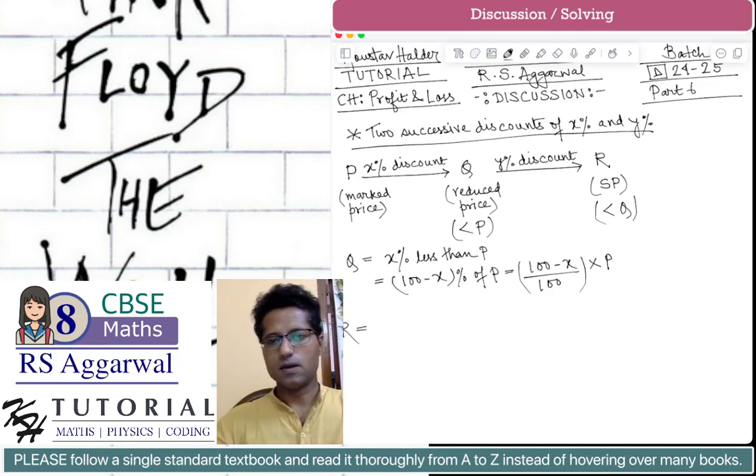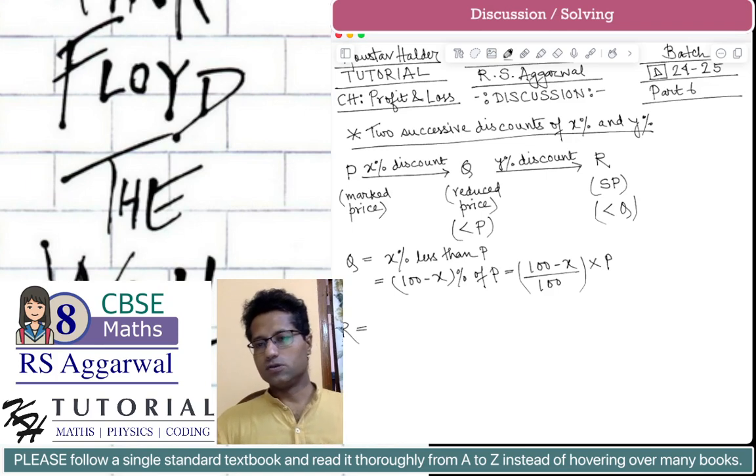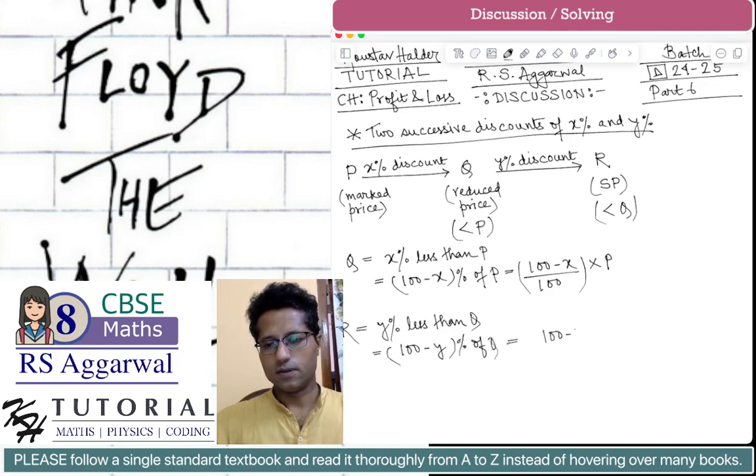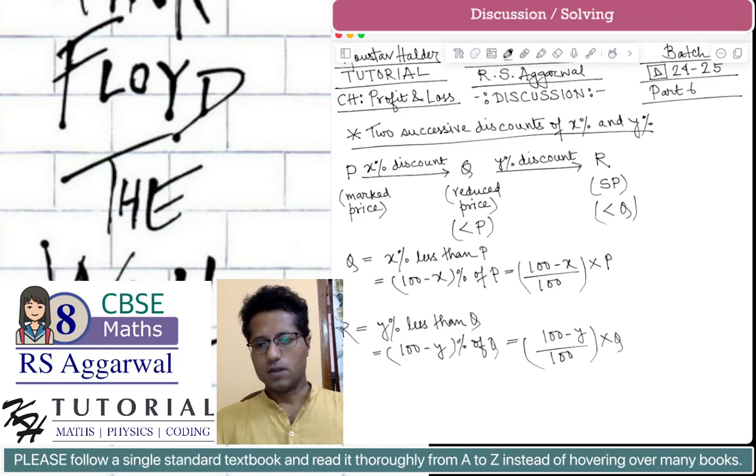R is the reduced price when the Y% discount has been applied on Q. So we can say that R will be Y% less than Q, which means 100 minus Y percent of Q, and this is equal to (100 minus Y) divided by 100, this whole multiplied by Q. Now what is Q?